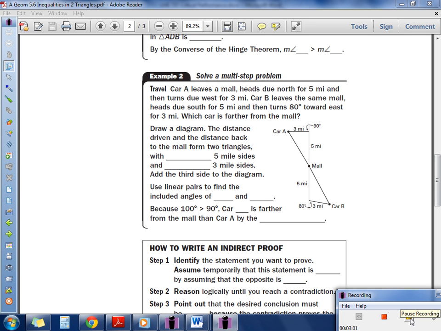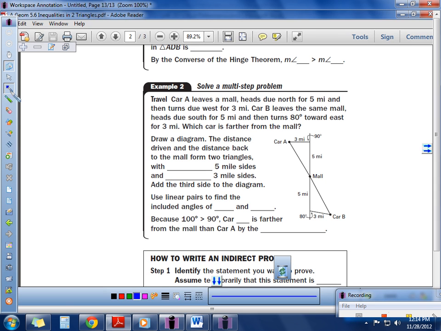On this next one, I'm mostly going to examine this picture. On this figure, we're just going to focus on the picture. So right here, we've got to examine the two triangles we have. The first triangle right here has two measurements that are 3 and 5, 3 miles and 5 miles. This one has the same stuff, 3 miles and 5 miles.